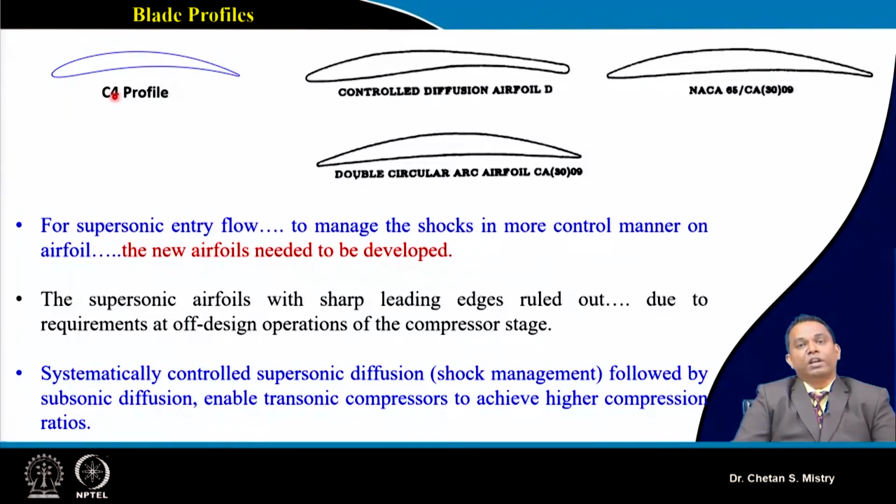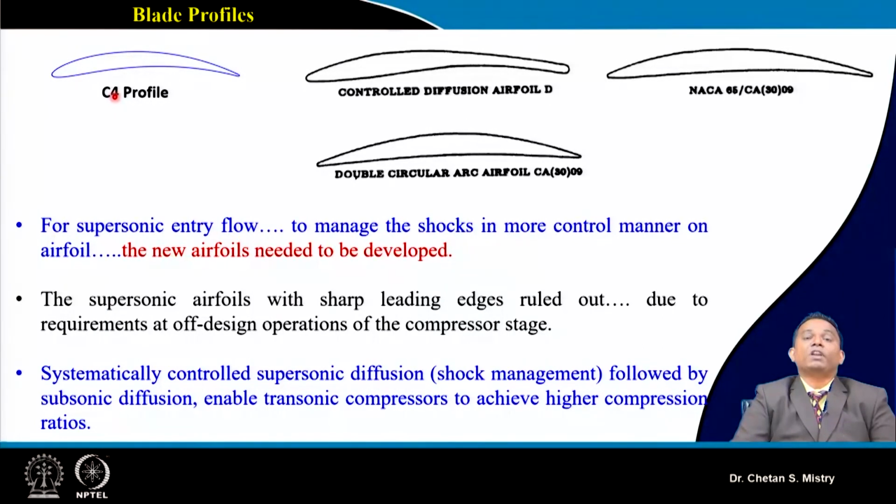Under this subsonic condition, the sharp edge will act like a flow separating device. So we will have flow separation at the leading edge, and we can say my entire blade or entire aerofoil will go under stall condition.